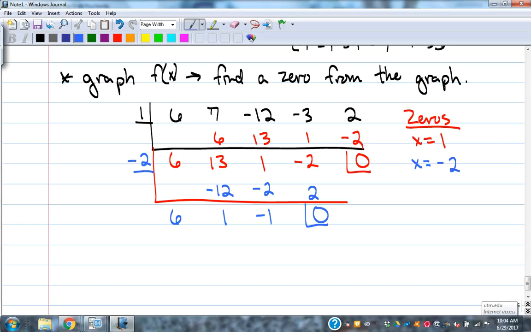Now I have a quadratic. If you remember doing quadratics, I've got 6x squared plus 1x minus 1. I'm setting that equal to 0 so that I can solve it and get the other 2 zeros. This one should have 4 zeros because it's x to the 4th power at the beginning.